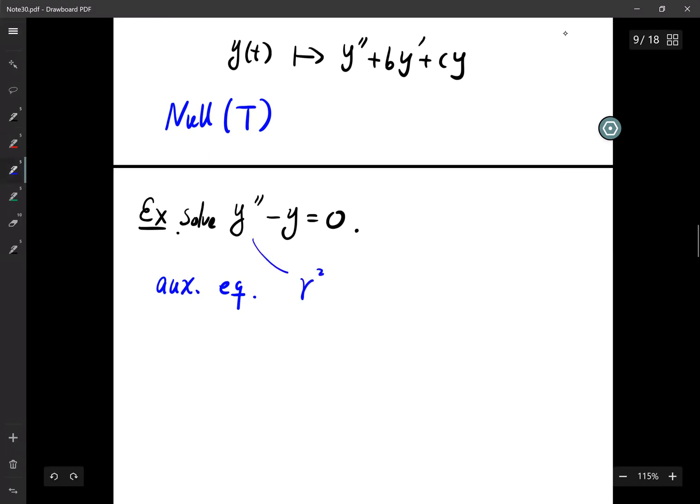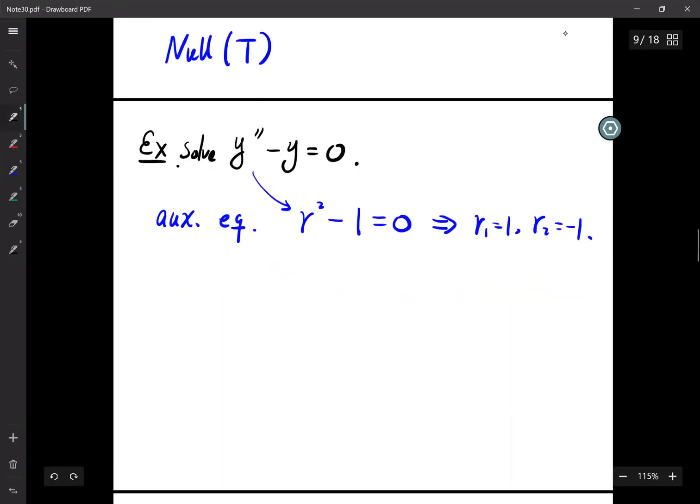So this one becomes r squared, and replace the number of derivatives by a power, still minus, and y is replaced by r to the 0, which is 1, equal to 0. Why are we doing this? We're going to explain that later. I factorize this, which gives me r1 equals 1, r2 equals minus 1. So I've just introduced out of the blue this auxiliary equation. Why we care about that is not that clear. Now I'm explaining why we care about that.